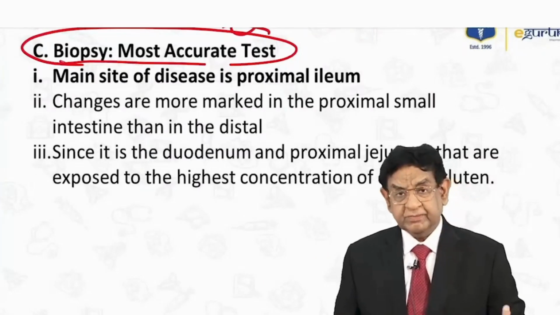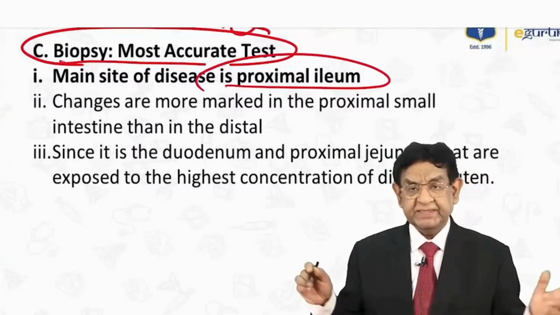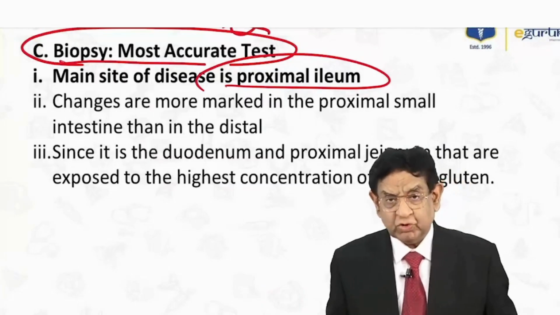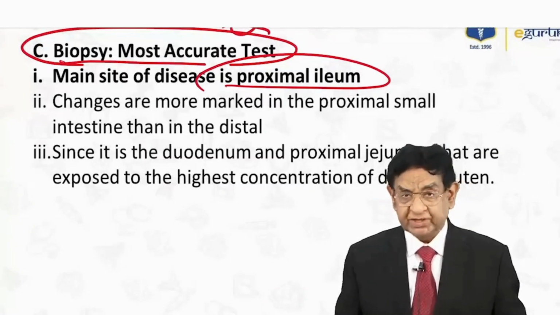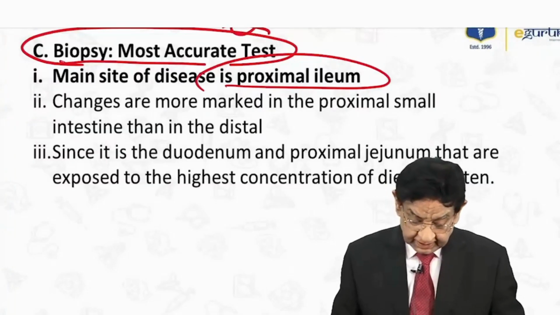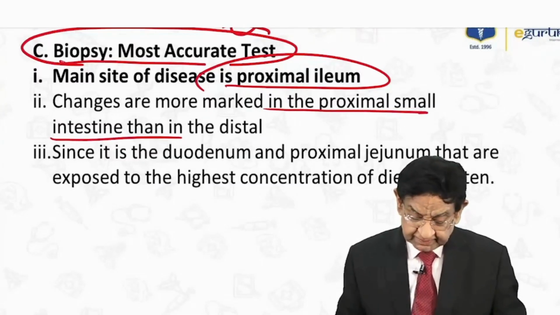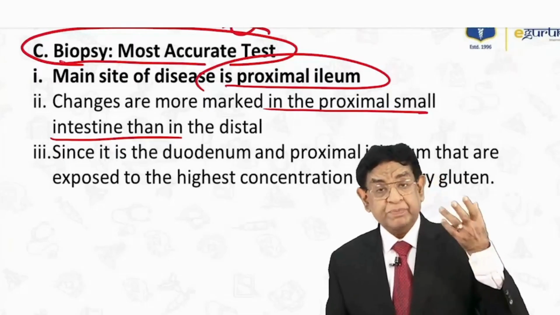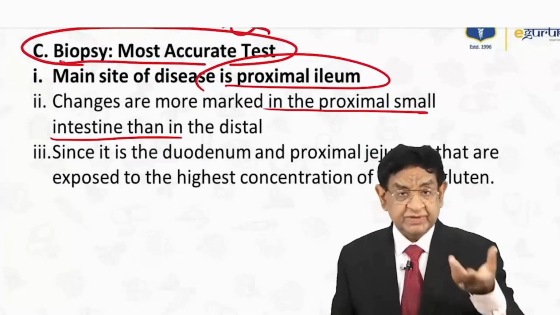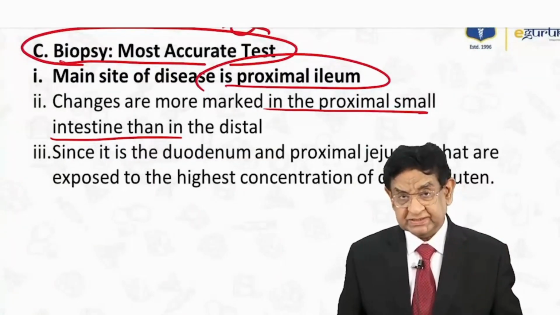So, biopsy to be taken from the proximal ileum. Why? The main site of disease is the proximal small intestine, so-called distal part of the duodenum or the proximal part of the jejunum. Okay. And changes are most marked in the proximal small intestine. Why? Because primary digestion of the wheat, which is a starch, occurs in the proximal part of the small intestine.